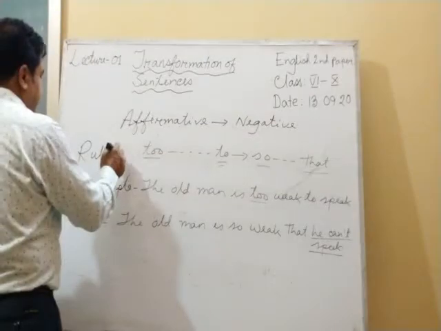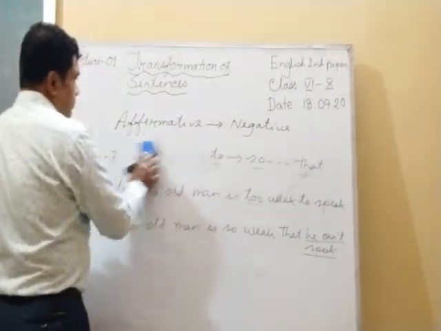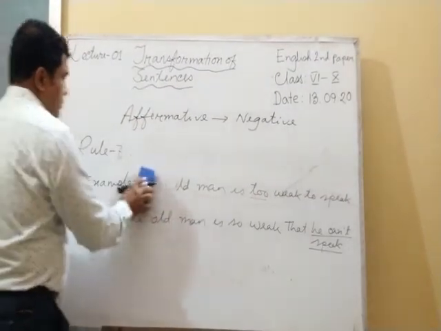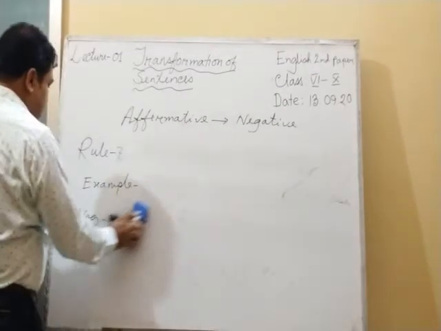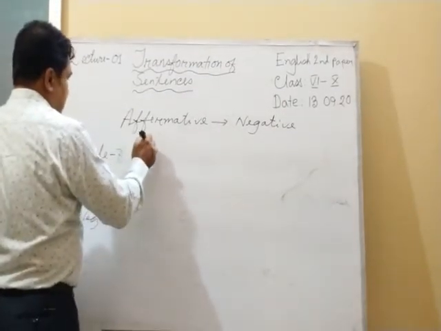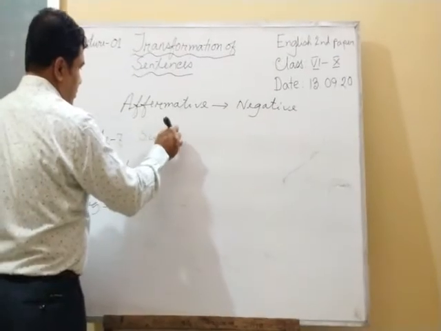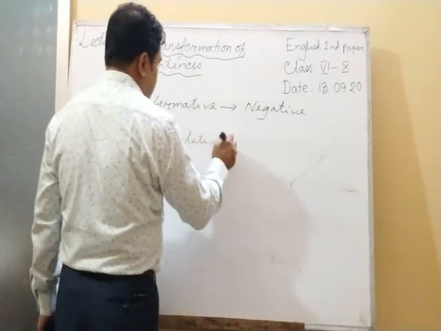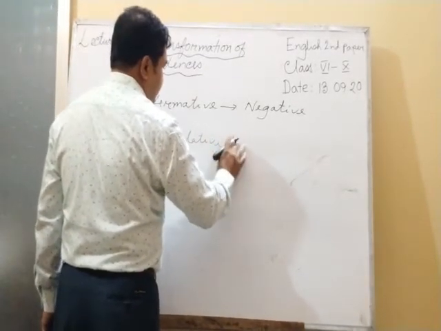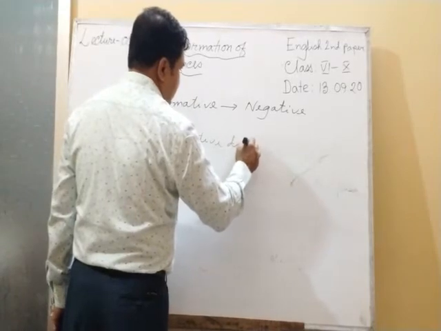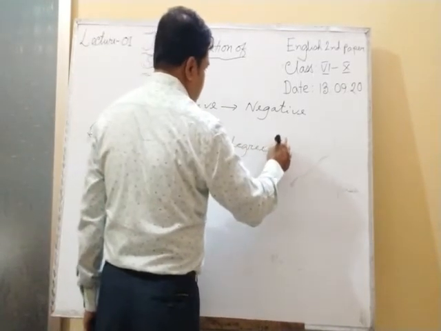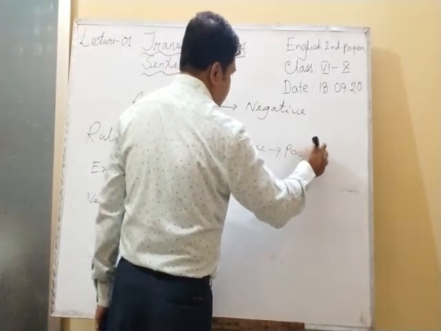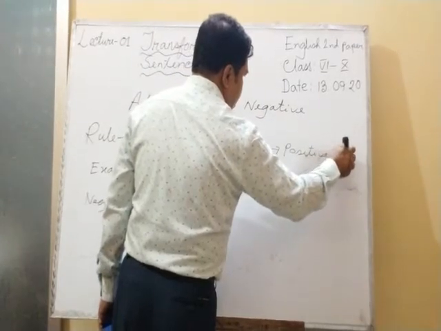Rule number 7. Superlative degree. Positive degree.